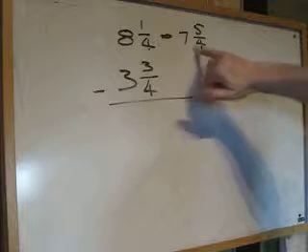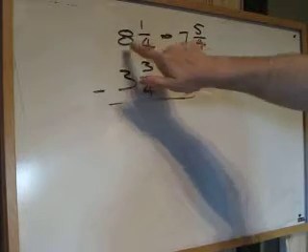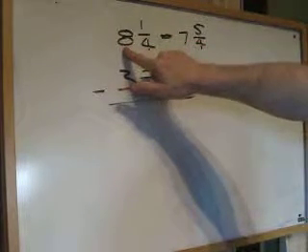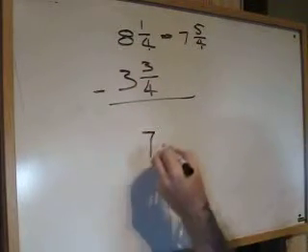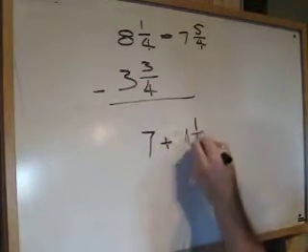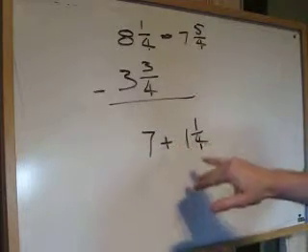So again, just real quickly to review what I did. Took 1 from the 8 and changed it to 7 plus 1 1/4. That's probably the quickest way to do it.